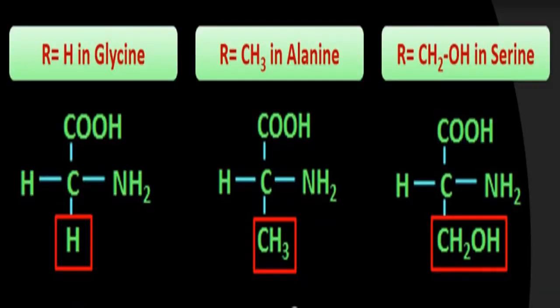Now these are the structures for some common amino acids. This is the structure of glycine, and here you can see the alpha carbon and the NH2 group, the amino group. The carboxyl group is present here, this H is present here, and this is the variable group. The only difference found in the structure of all the amino acids is the presence of these variable groups, the groups in these red boxes.